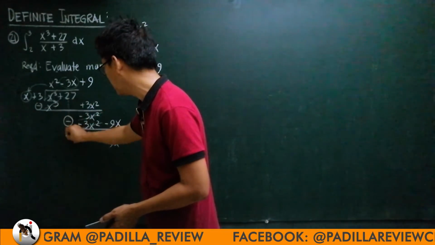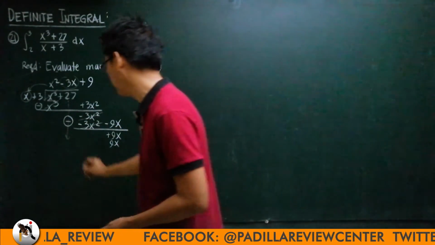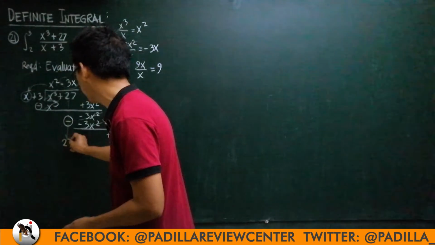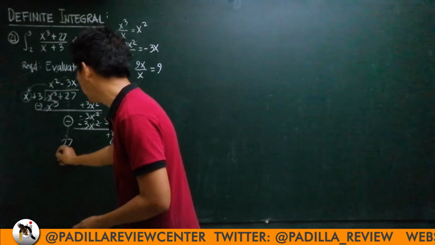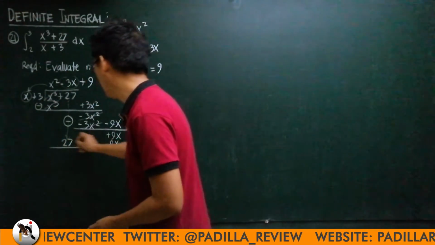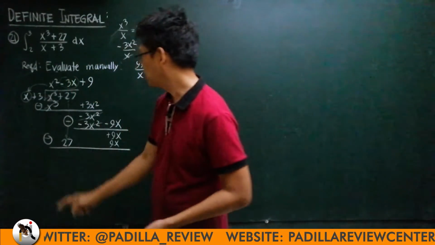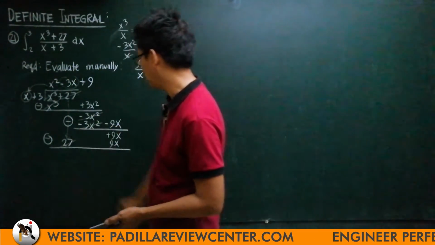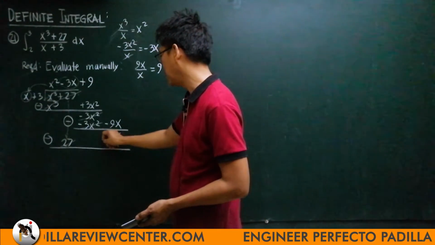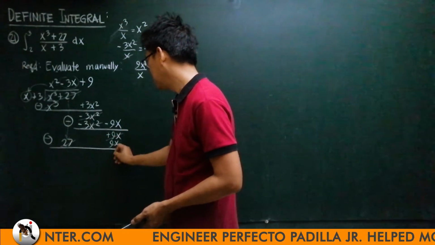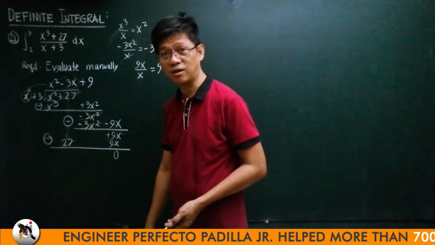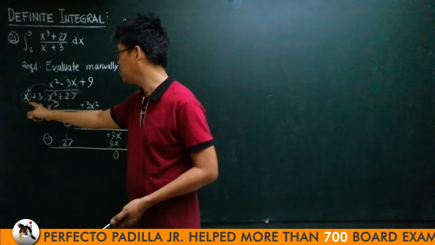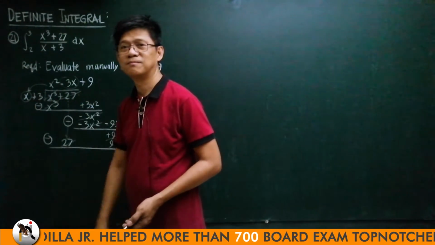Let me put it underneath the 27. We haven't used that 27 yet. So we now subtract. 27 minus 27 cancels out, and 9x minus 9x cancels. So we are left with 0. So this divided by this is exact.